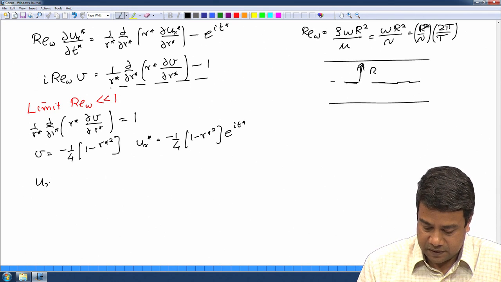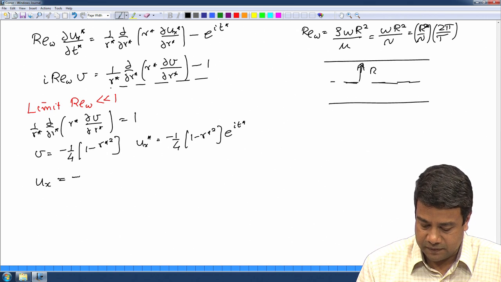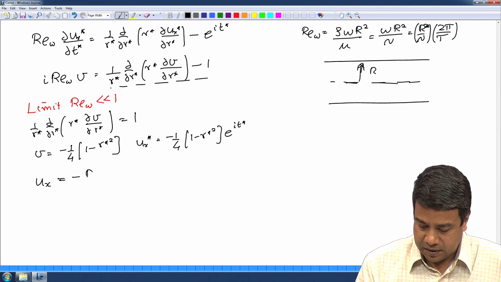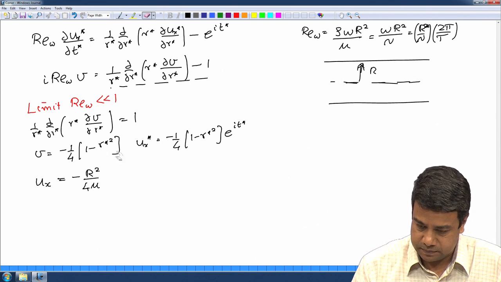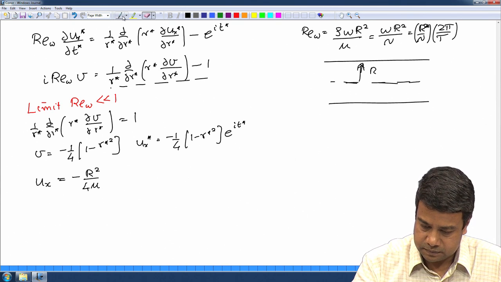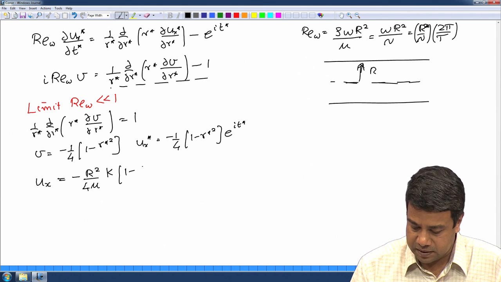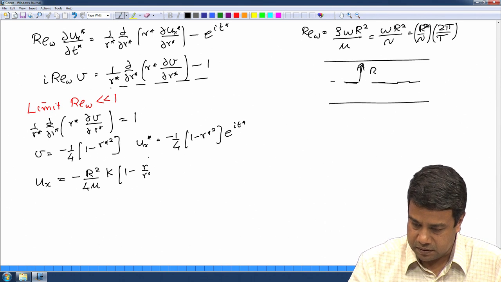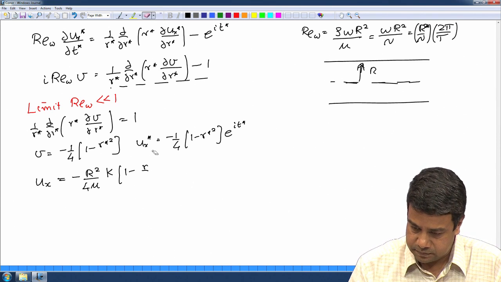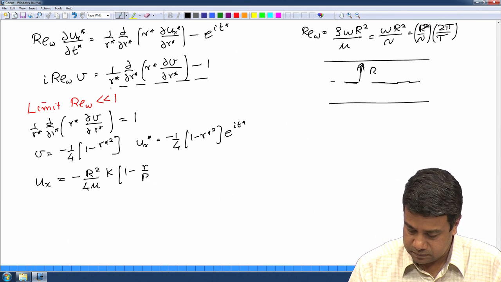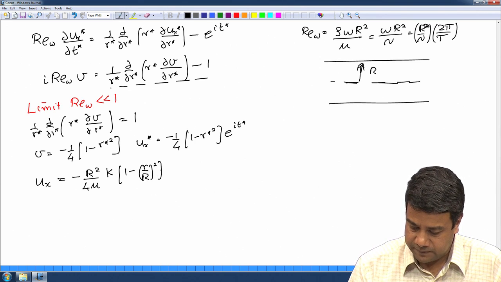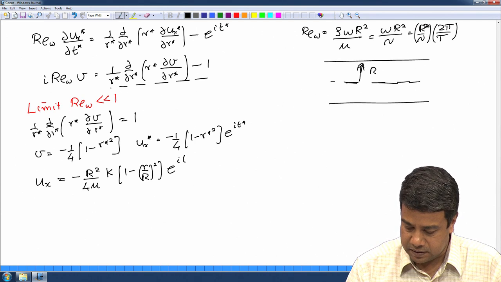So, if I express the velocity back in terms of dimensionless variables, I will get minus r square by 4 mu times k into (1 minus r by r) the whole square times e power i t star.